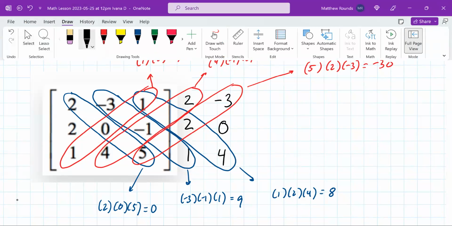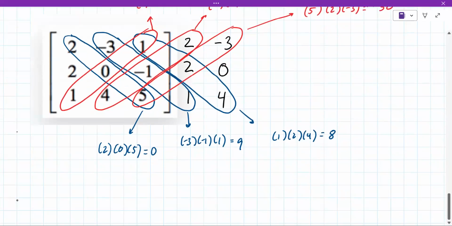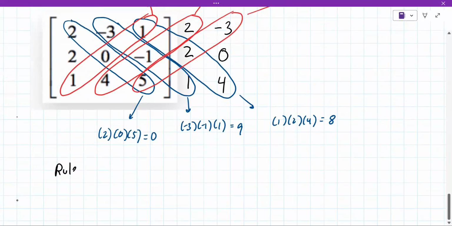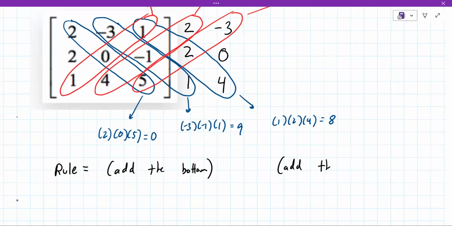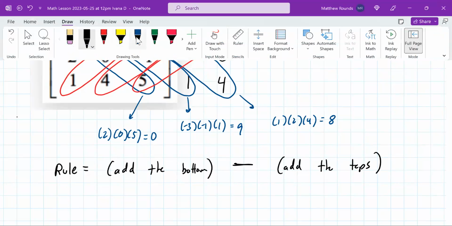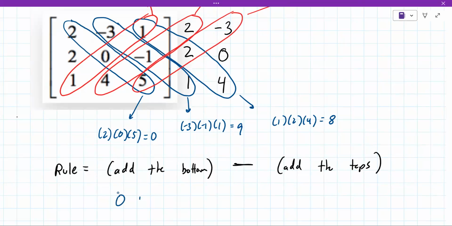Is that okay so far? Yeah. All right, so here's the rule. You add the bottoms, you add the tops, and then you subtract. So for example, you would do 0 plus 9 plus 8.